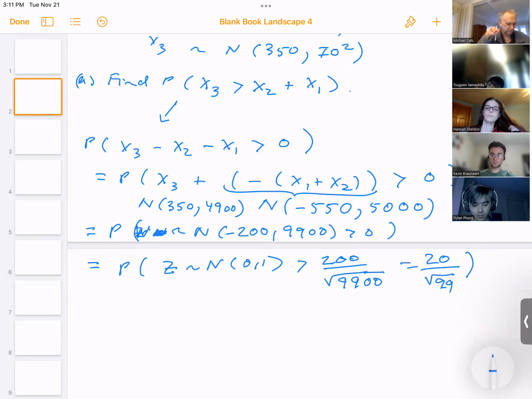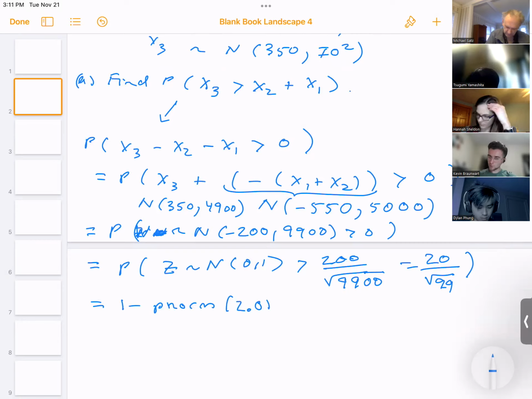And I get 2.01 or something like that. So 1 minus P norm of this number. I think this is what it was, or I can't tell if it really is what it was, or I just wrote that down as I was estimating it in my head. But anyway, you get the idea, right?